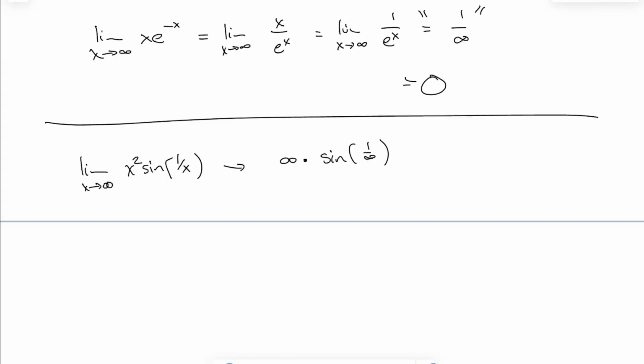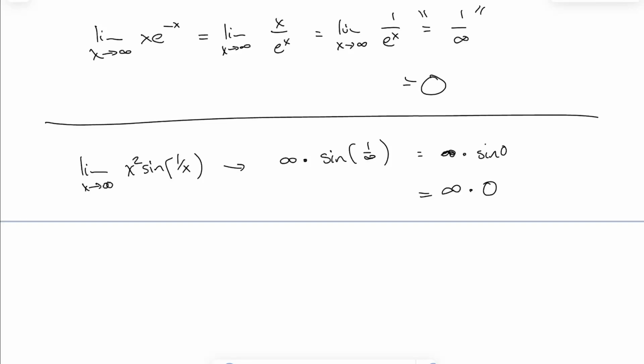I'm just trying to imagine what happens when you plug the infinity in, as they say. Like I just said before, 1 over infinity means 0. So this is actually like infinite on the front, and then times sine of 0. So this is, again, an indeterminate form of the type 0 times infinity, or infinity times 0, all right? This is a little tricky, although once you know what's up, it's not so difficult.